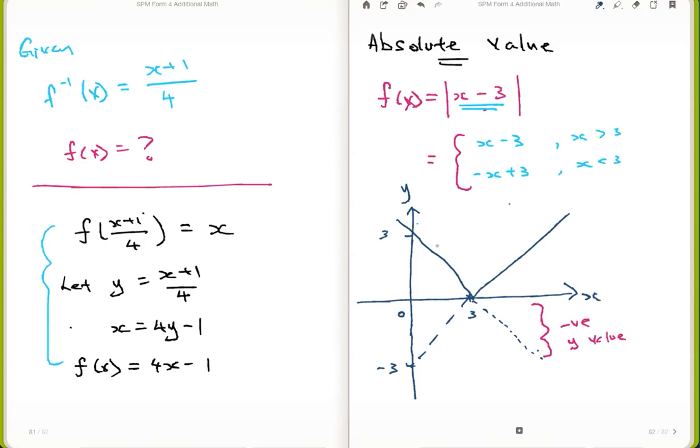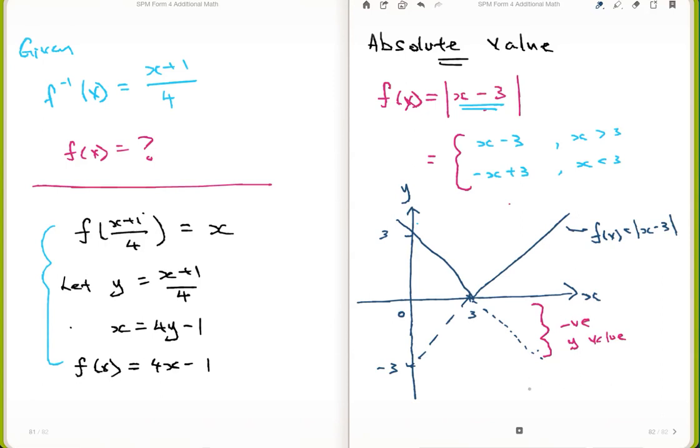Two values, two graphs. So this is f of x minus 3. So you need to be extremely careful when you deal with this value. But what happens when the number is 2?